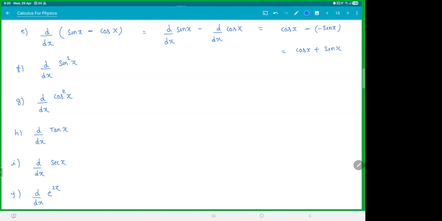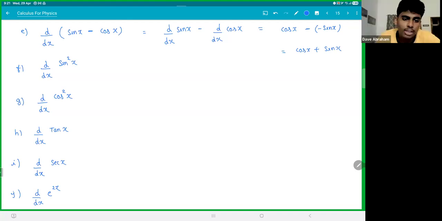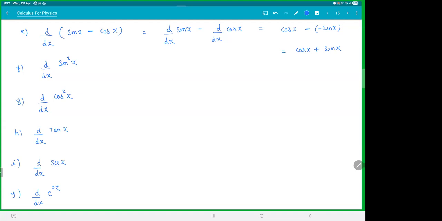So how do we handle sine square x? That I didn't give you. How do you handle sine square x? I didn't teach you sine square x. Can we take it as sin x into sin x? We have to use a product rule.